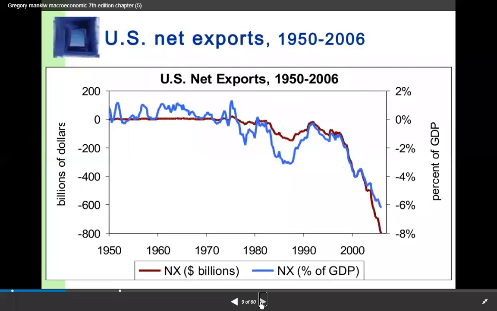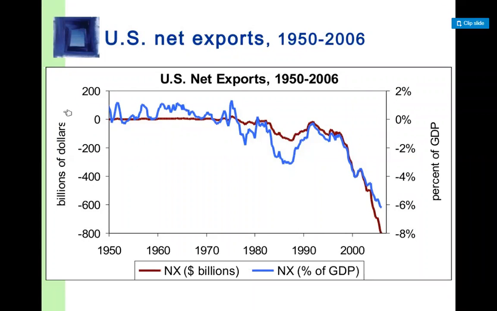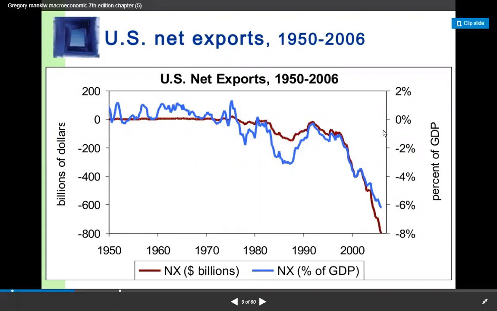Already done. So this is a graphical presentation of US historical data that is very clear. The time period is on the horizontal axis from 1950 to 2006, and net exports are on the vertical axis on the left side, and on the right side net export as percentage of GDP.